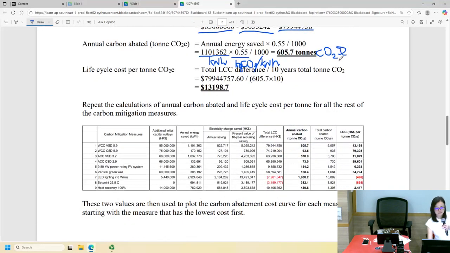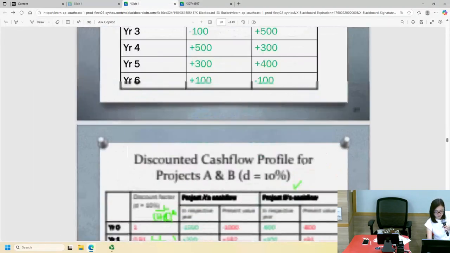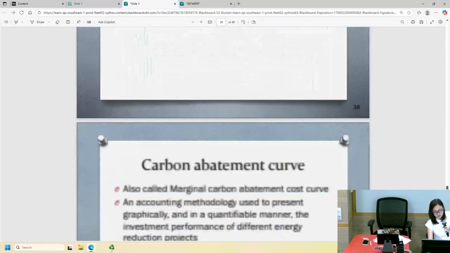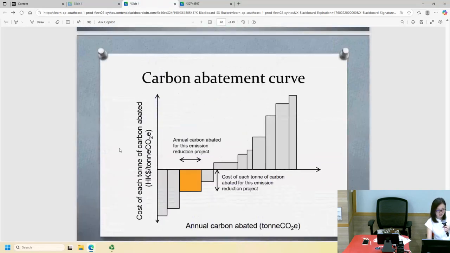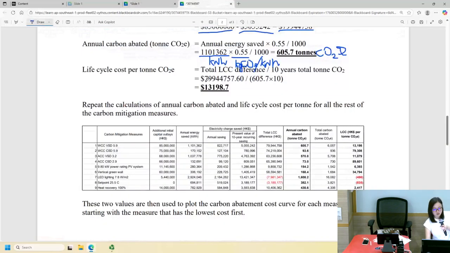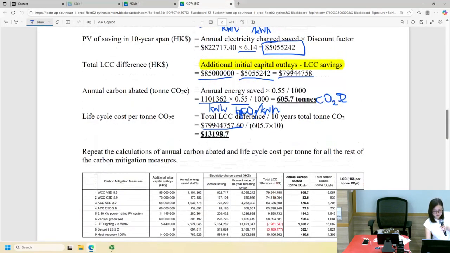And next, in the carbon abatement curve, the y-axis is the cost of each ton of carbon abated. So cost per unit of carbon reduction for every ton of carbon dioxide reduction. So we have the net cost over 10 years, and then divided by the total carbon dioxide reduction in 10 years.